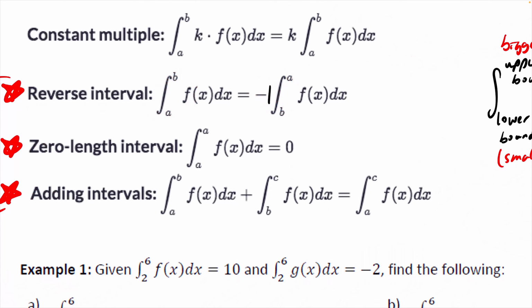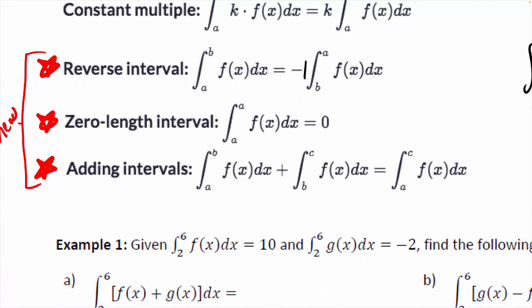The next new one, 0 length. This one's kind of common sense, right? What is integration? Integration is finding what? Area under the curve, right? And what if we're finding area from A to A? What does that mean? We're finding area from A to A. Yeah, it's missing something, right? So let's say I have an area, and let's say it goes from A to B like that.